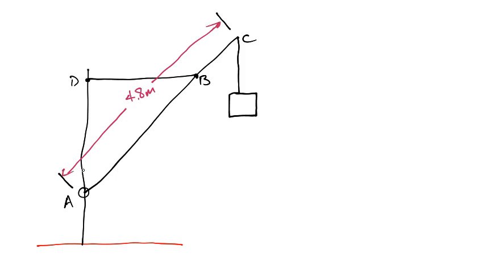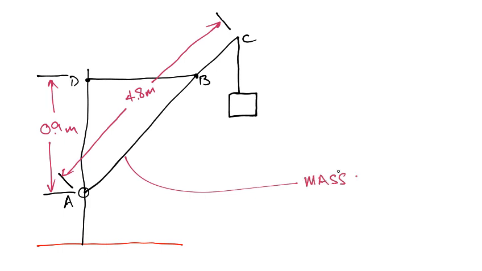And let's also make this length here 0.9 meters. Okay. And let's make the mass of this rod, or mass of beam, equal to, let's make it 6 kilos.